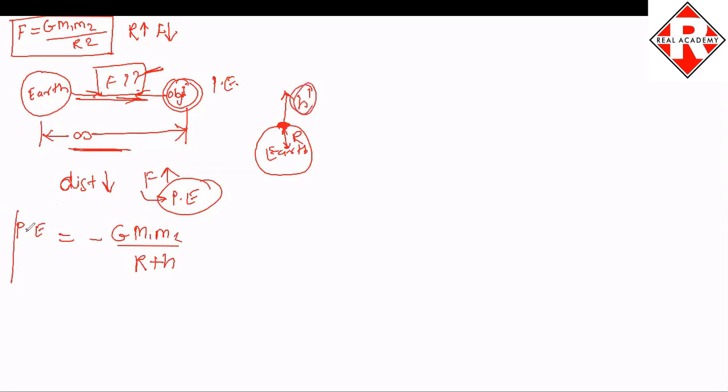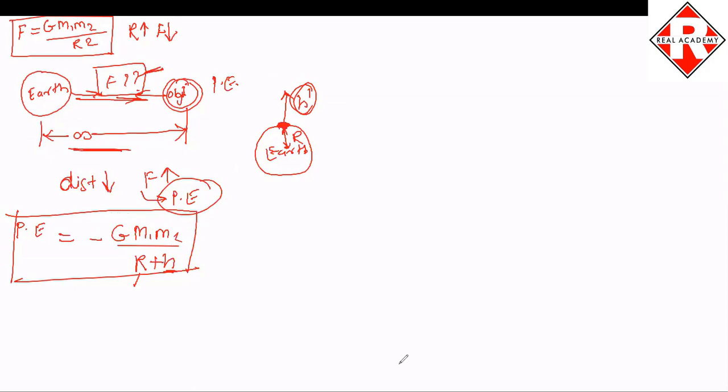So this formula gives you the value of potential energy when the object is at a height of h, where r stands for the radius of the earth, h is the height of the object from the surface of the earth, m1 and m2 are the mass of the two objects. Is this thing clear?